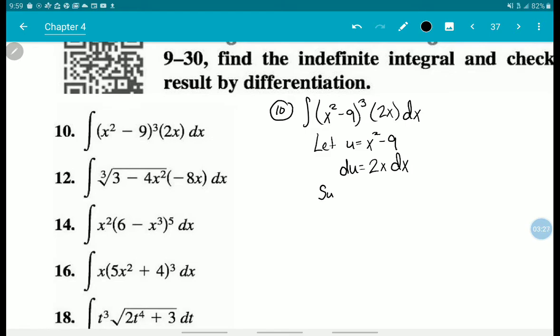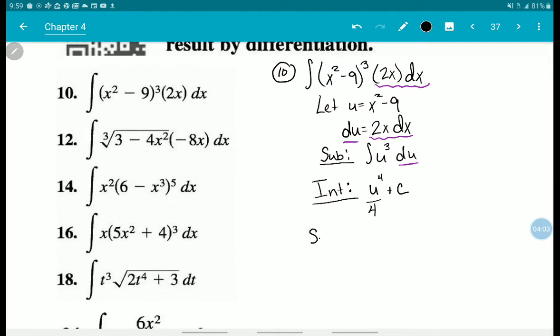So if we do our substitution, we are now integrating u cubed times du. Notice that 2x dx is all part of du, so we make that substitution there. So it gets absorbed in a way as part of your du. So then we're going to integrate. We're going to have u to the fourth over 4 plus c.